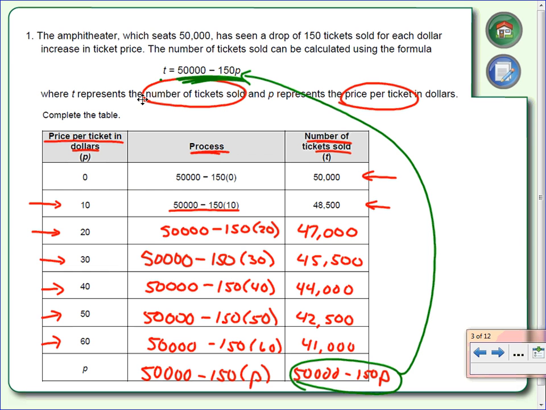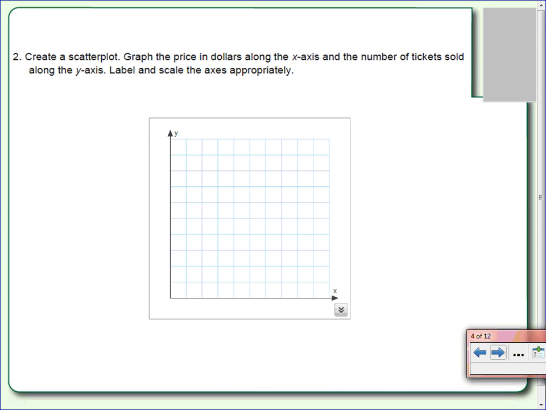Okay, let's keep going. We're going to take this one step further. Now we're going to take this table that we've just created and create a scatter plot. Before we can do that, we've got to label some things. The first thing we're going to label is the price in dollars along the x-axis.